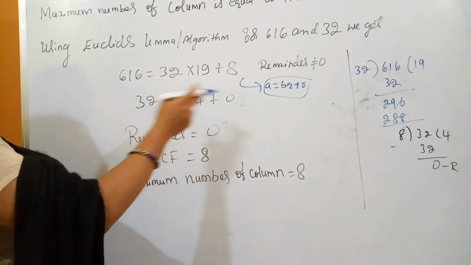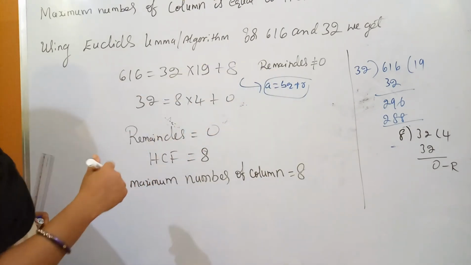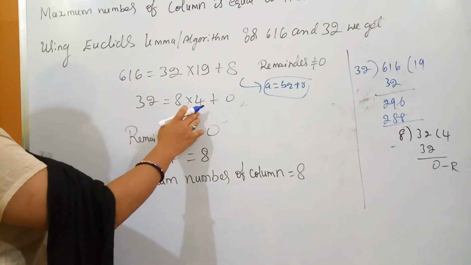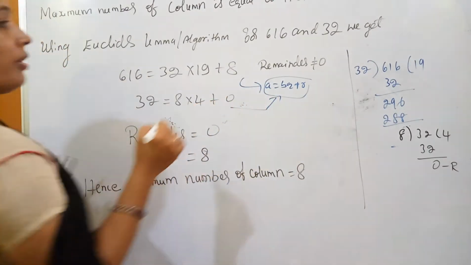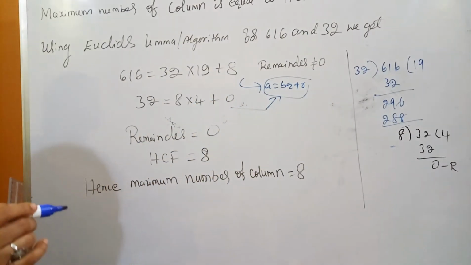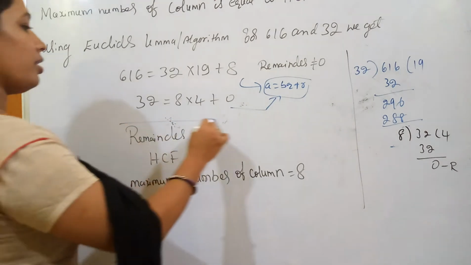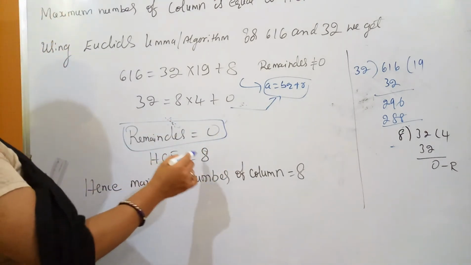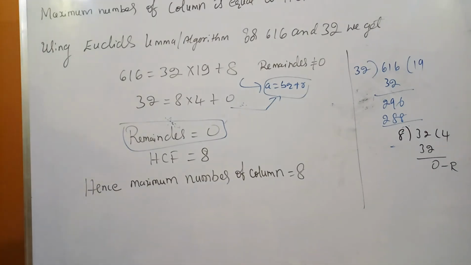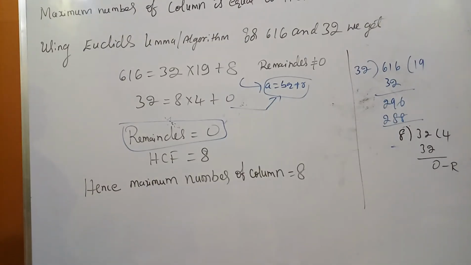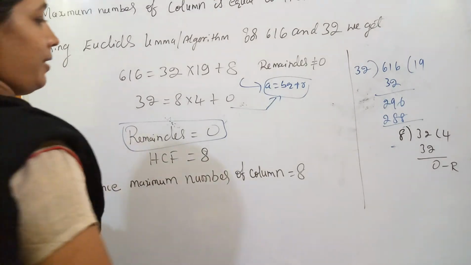Again, dividing 32 by 8, 8 fours are 32 and the remainder will be 0. This is also in the form a is equal to bq plus r. Therefore, the remainder is 0 and the HCF is equal to 8. Hence, the maximum number of columns is 8.